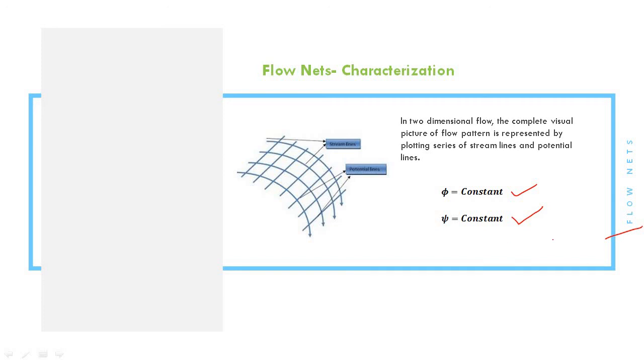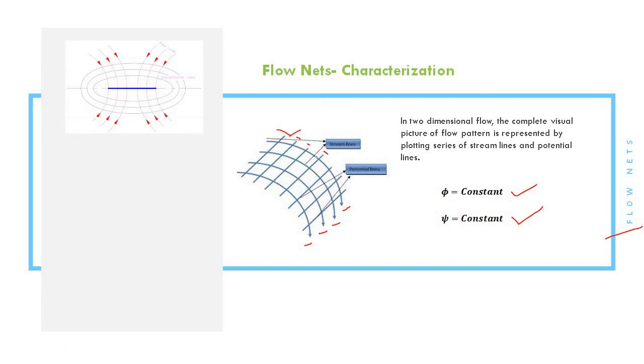You see in this figure, in this flow net, you can see the streamlines. These are streamlines, the curved lines. This is phi equal to constant, phi equal to another constant, psi equal to another constant. And perpendicular, you have the velocity potential function phi equal to constant. For each value of psi there is a streamline. For each value of phi there is an equipotential line.